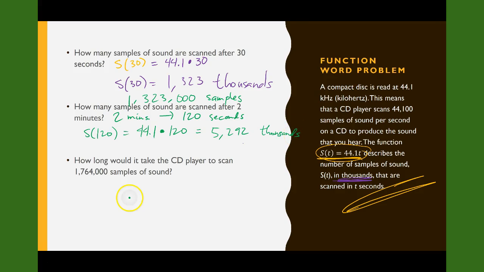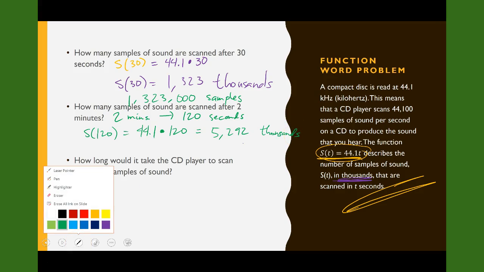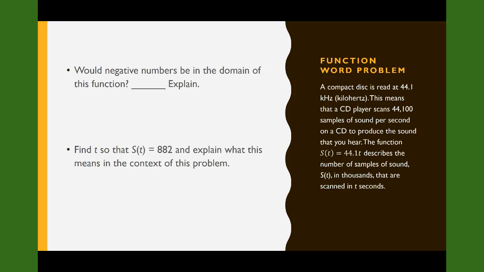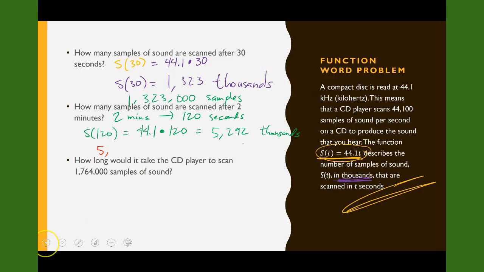So this means in 2 minutes, a CD can scan 5,292,000 samples of sound. Now in the third part, we're given something different. We are asked how long it would take the CD player to scan 1,764,000 samples of sound.